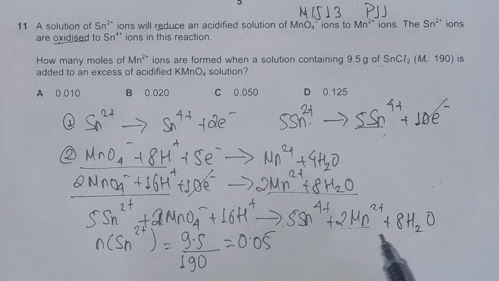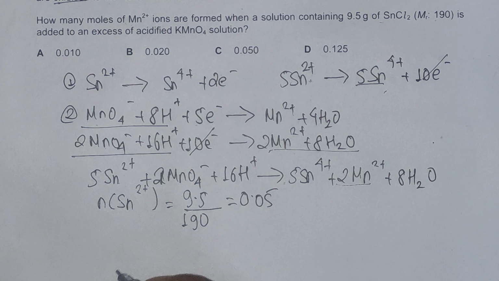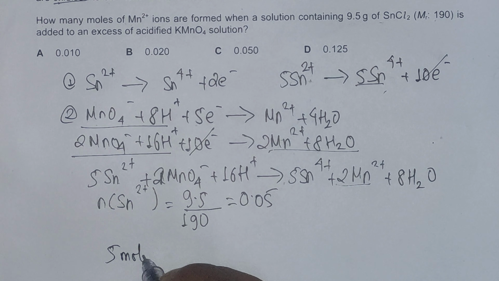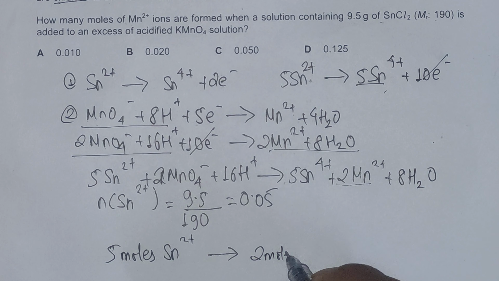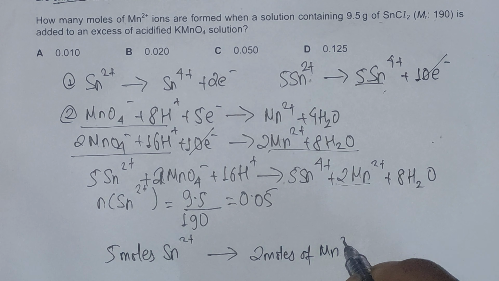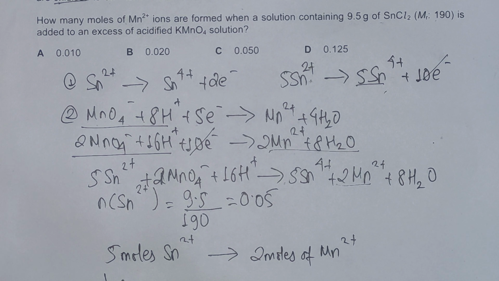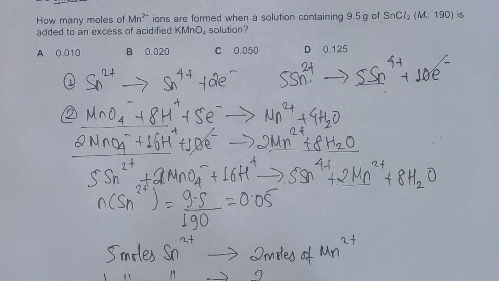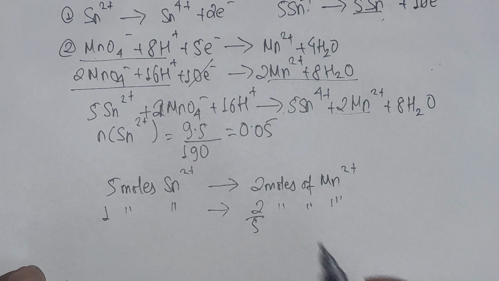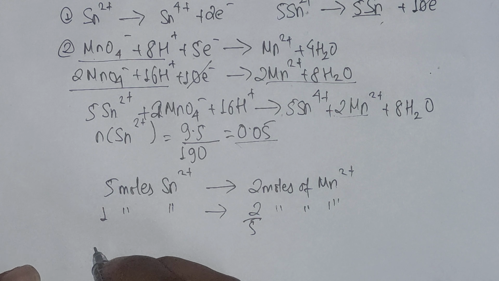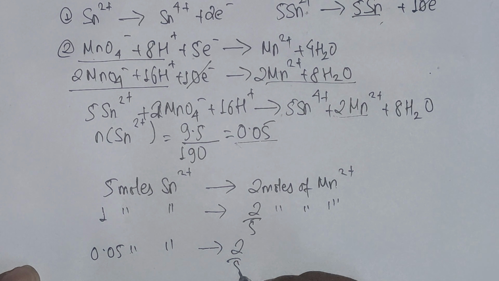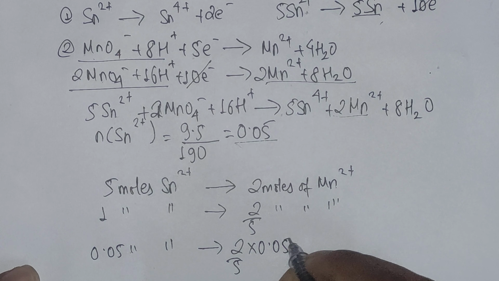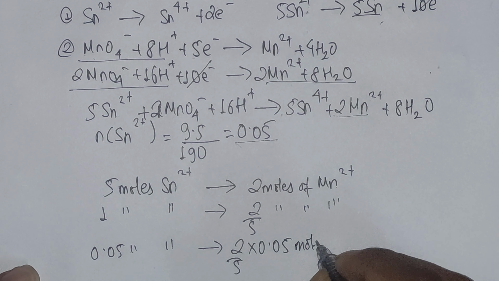Using the mole ratio, for every 5 moles of Sn2+, we have 2 moles of Mn2+, and for every 1 mole of Sn2+, we have 2/5 moles of Mn2+. Again, for every 0.05 moles of Sn2+, we have 2/5 multiplied by 0.05 moles of Mn2+.